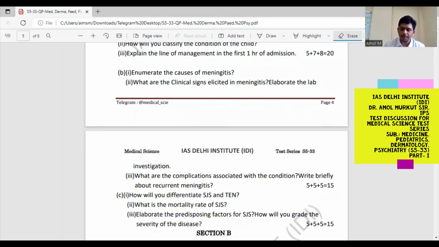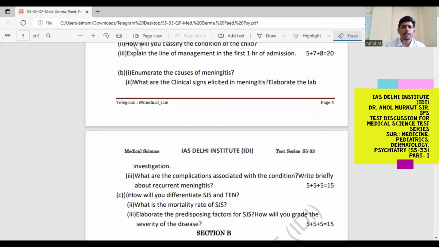Enumerate the causes of meningitis. Various causes: infectious, bacterial, viral, or parasite. Bacteria, all types of bacteria: Neisseria meningitidis, Streptococcus pneumoniae, Haemophilus influenzae. Then there are fungus, Cryptococcus, Candida.